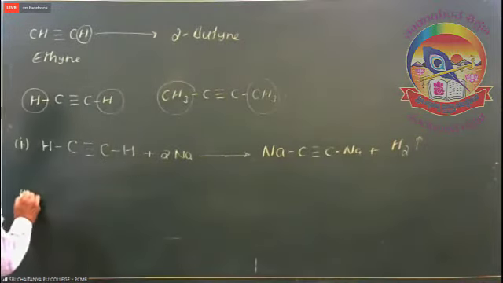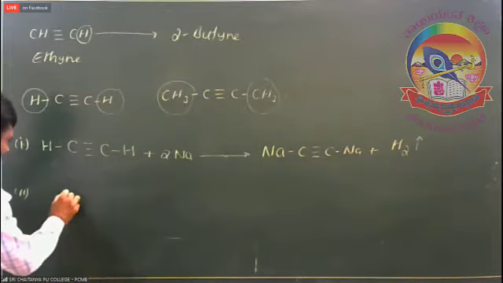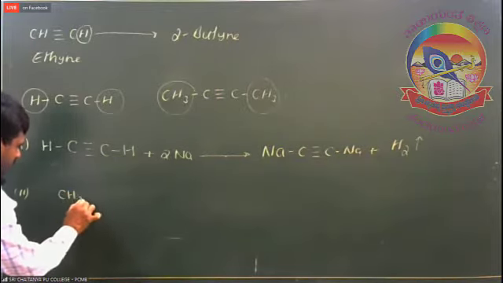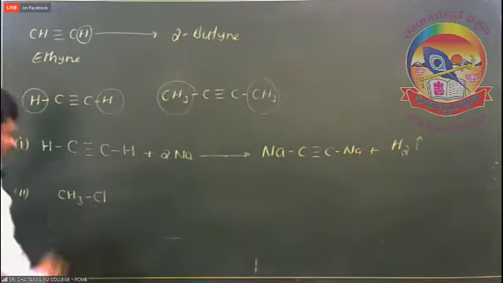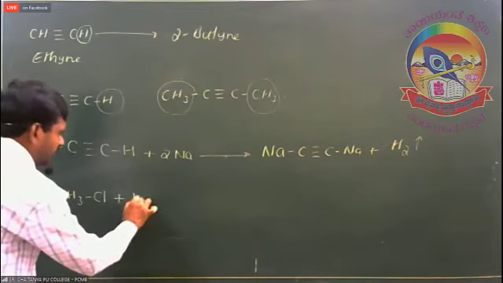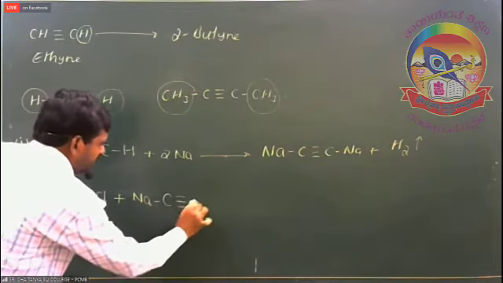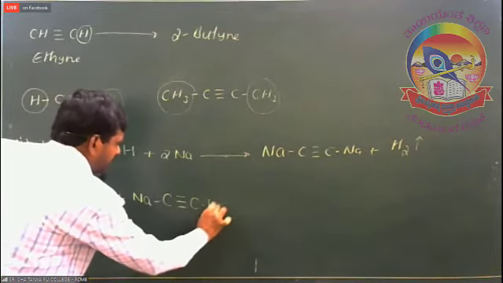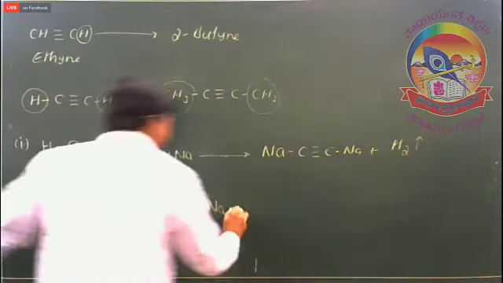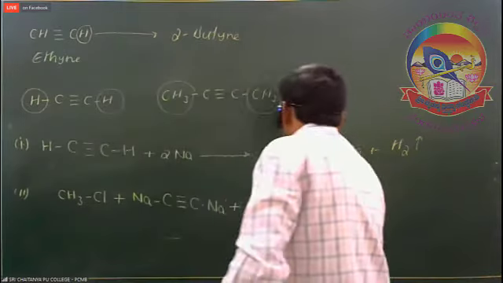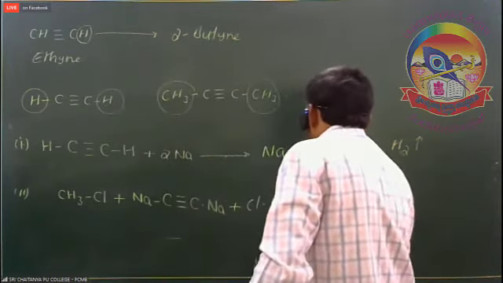Second step: this disodium acetylide is treated with methyl chloride, CH3Cl. Na, C triple bond C, Na. Next, another methyl chloride molecule, CH3Cl.